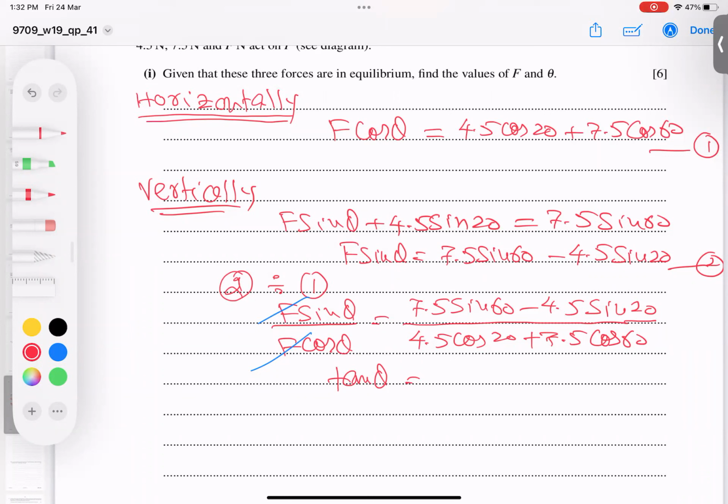I believe it is nothing hard at all. 0.6211728. Now we take the tan inverse. What happens, students? Shift tan inverse of this answer.